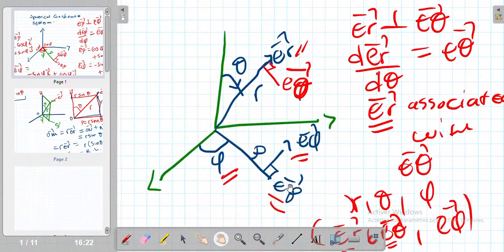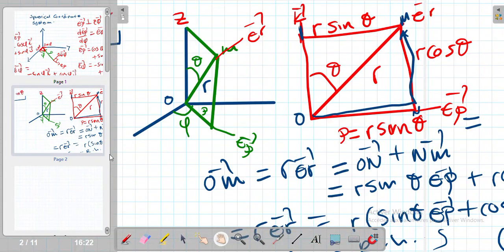Another thing that you need to note here is that E rho changes with the change of phi. So the derivative with respect to theta means that E rho is constant, because when theta changes, E rho doesn't change. Therefore, E rho is constant when you're finding the derivative with respect to theta.